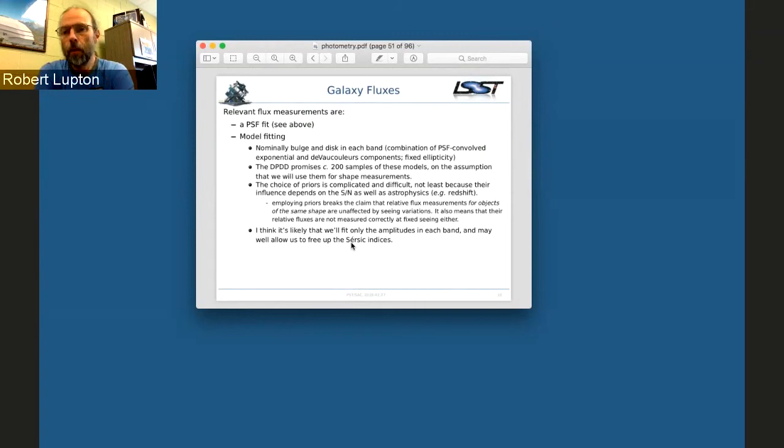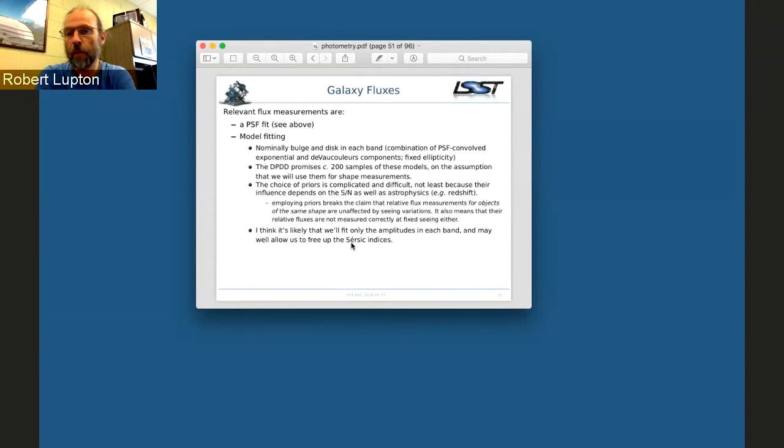But people worry about color gradients in galaxies. But most color gradients that people are thinking about in galaxies are really multiple components with well-defined colors. For example, a red bulge and a blue disk. This is not strictly true. It's not true when there's dust.